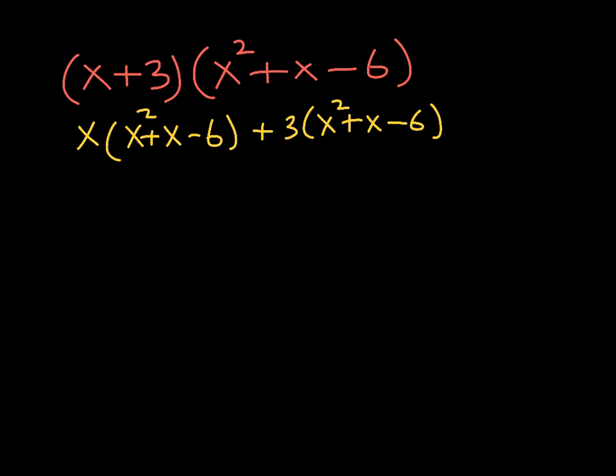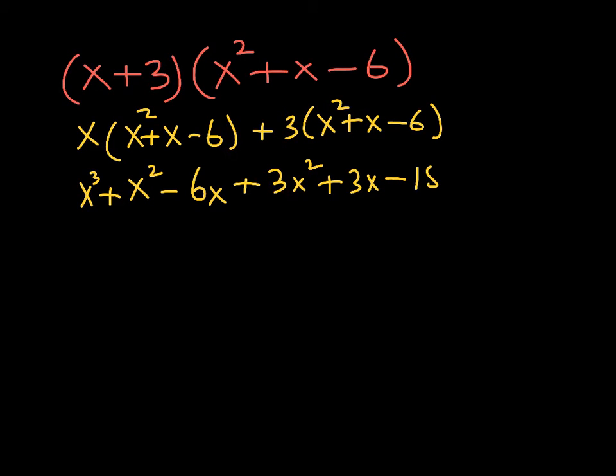Okay, so x times x², that is x³, plus x times x, that is x², minus x times 6 is 6x, plus 3 times x², that is 3x², then 3 times x, that is 3x, then 3 times negative 6, that is negative 18.